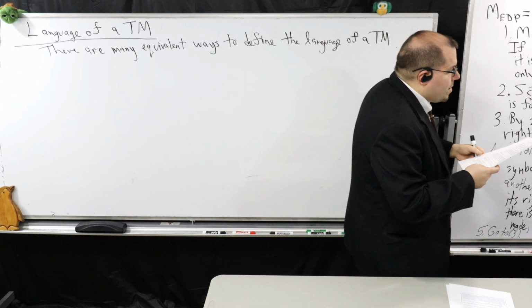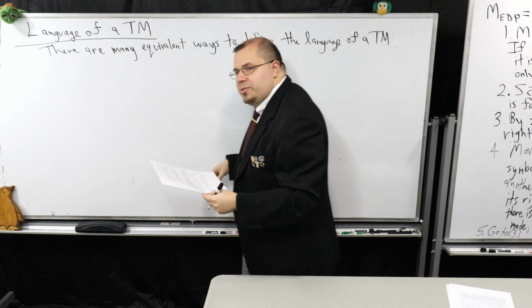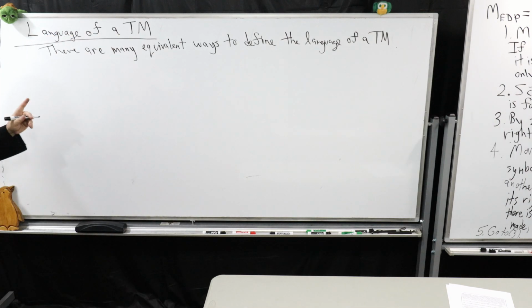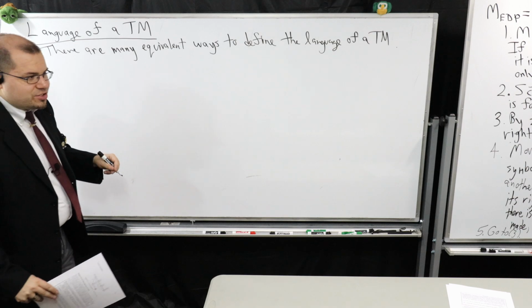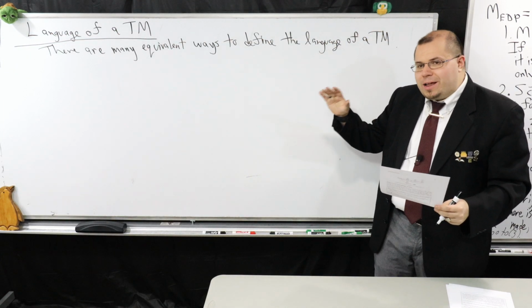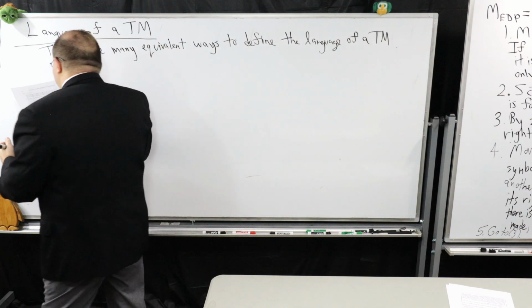The way I'm going to show you here is going to be based on acceptance, just like what we would expect from all of our working examples. But I'm going to show you how you can use instantaneous descriptions. Remember those IDs I showed you with the PDAs? There's another equivalent way of doing this with Turing machines too, but it's not exactly the same. It's quite similar though.